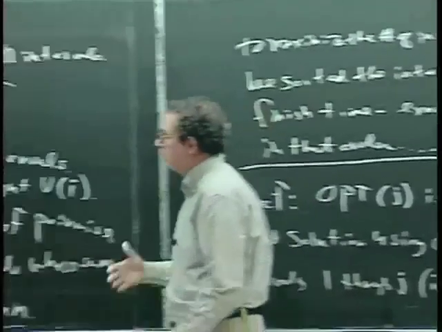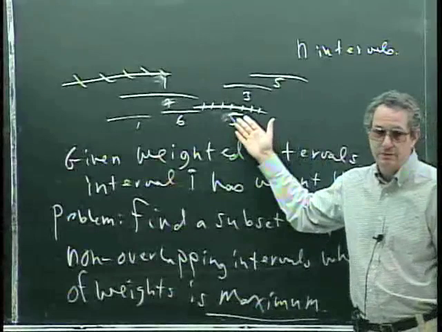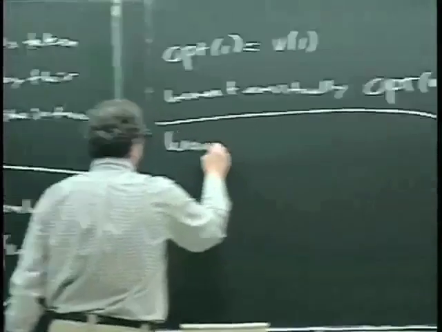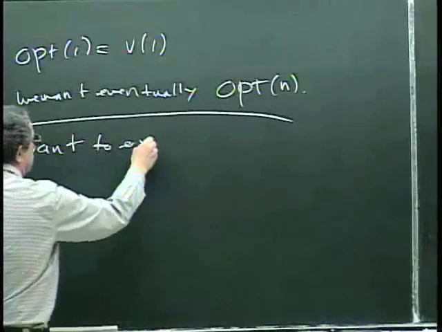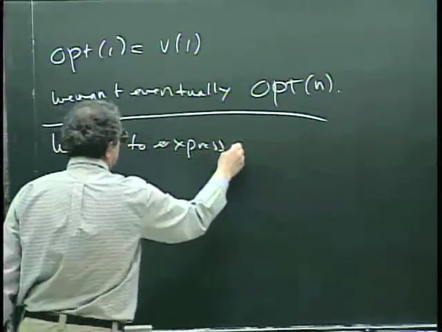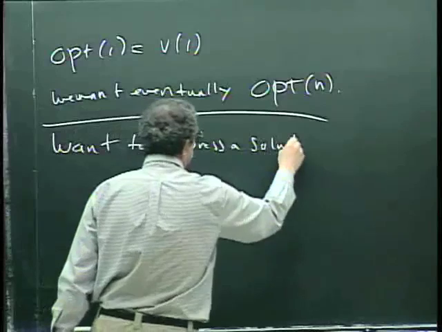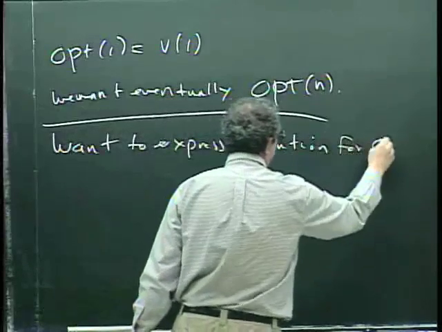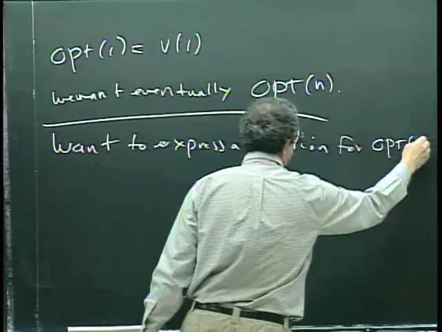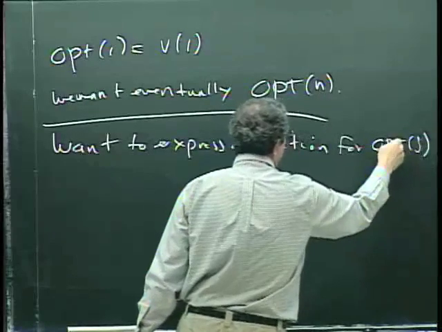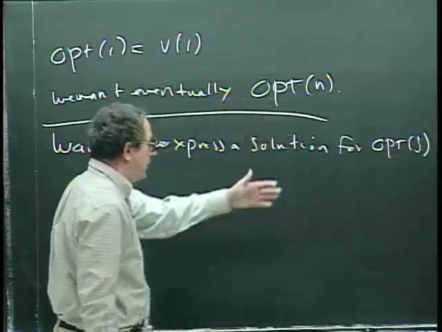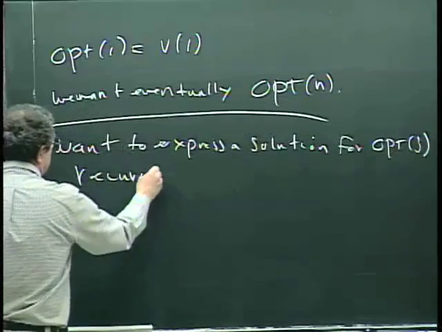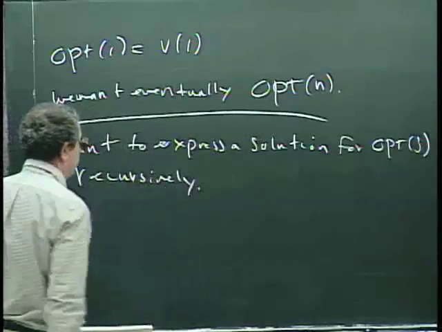We want to talk about this problem recursively. So we want to express a solution for opt of n, or just in general opt of j, a way of figuring out what opt of j is recursively. So what does that mean?